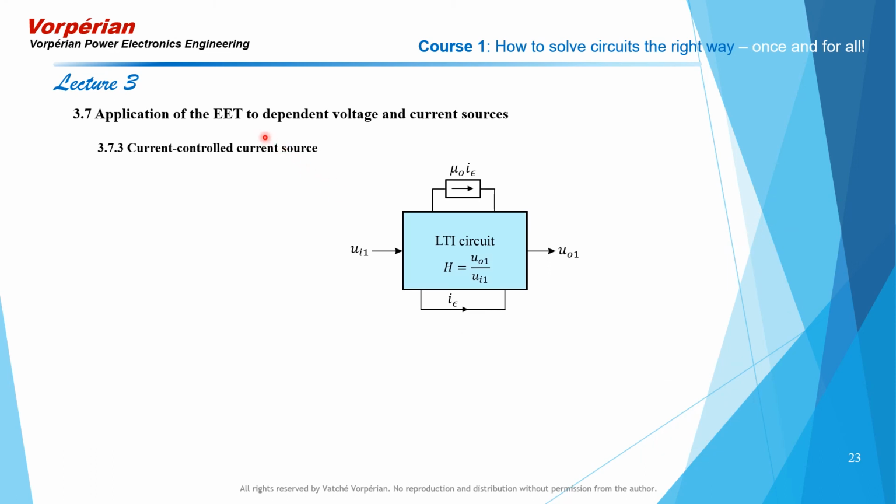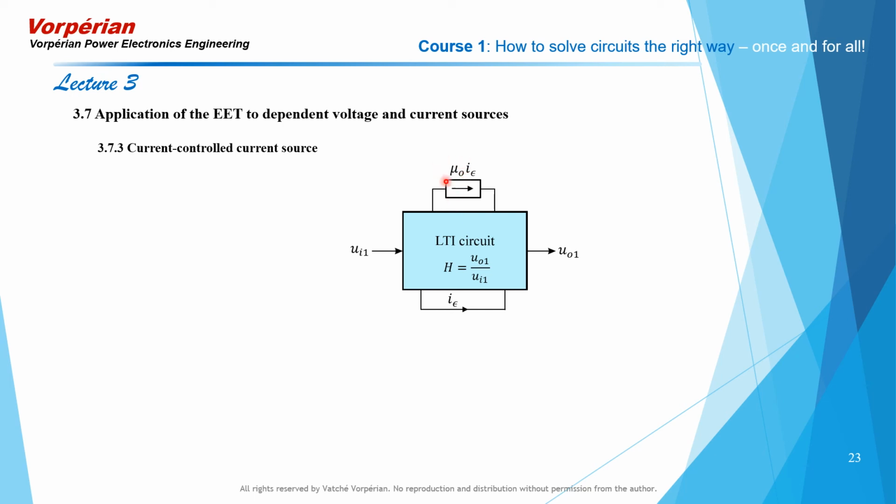Now I'm going to repeat the application of the extra element theorem to a current controlled current source as shown in this diagram here. So we want to compute the transfer function output 1 over input 1, and we have a dependent current source in our circuit that's giving us trouble, and we'd like to take it out. We have two choices.